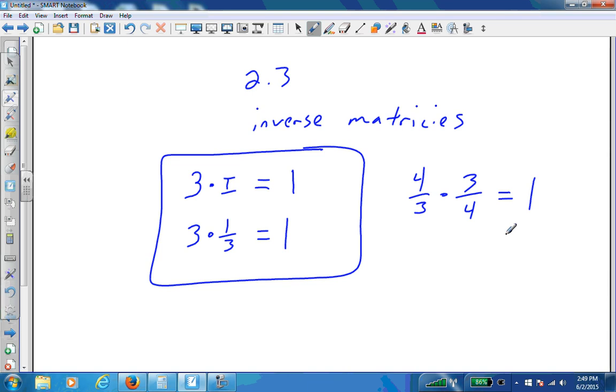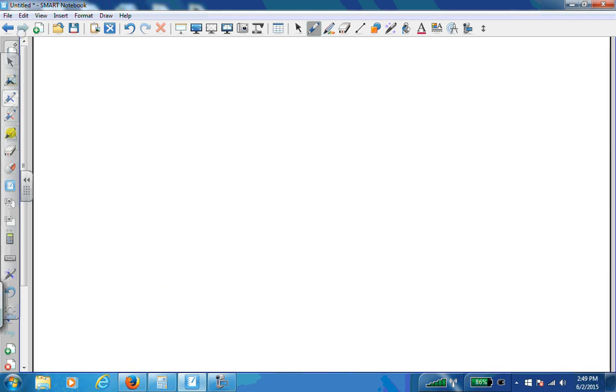And when we talk about the inverse of a matrix, we're looking for a matrix such that when we multiply it times our original matrix, it gives us the identity. Or likewise, if we multiply those in the opposite order, we also get the identity.